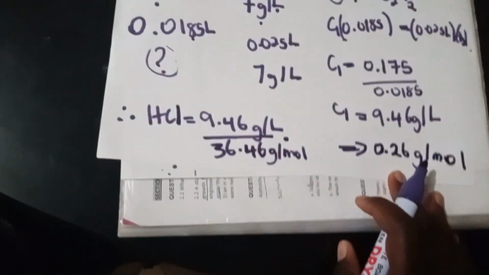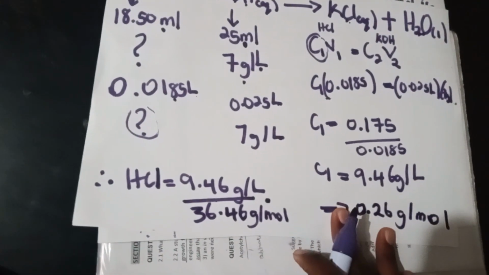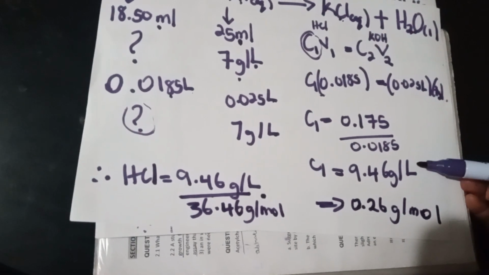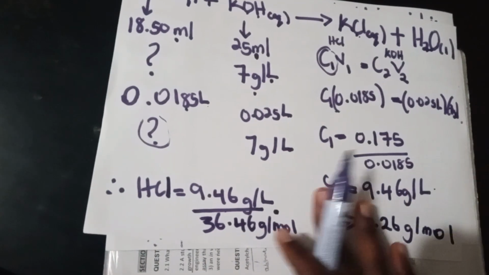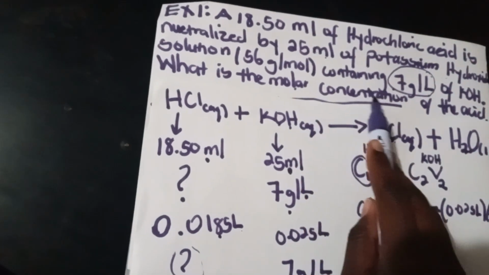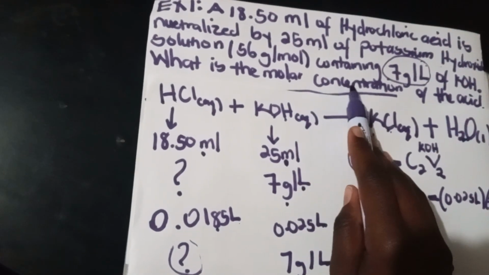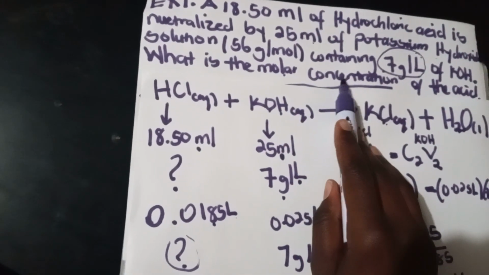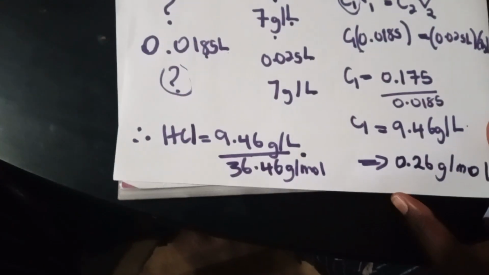So that is our final concentration of hydrochloric acid. The earlier answer is also correct, but we should always be cautious because the question is asking molar concentration. So we should always make sure that we put in the desired units. But yes, that is our final answer.